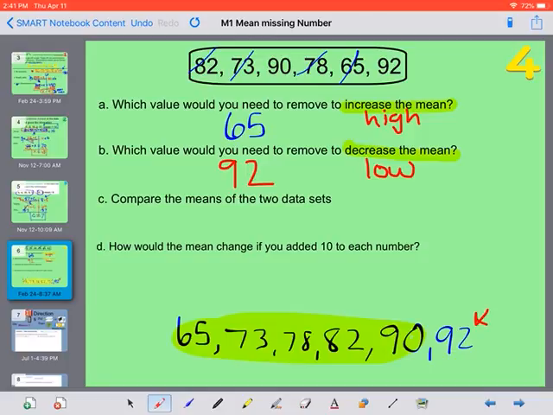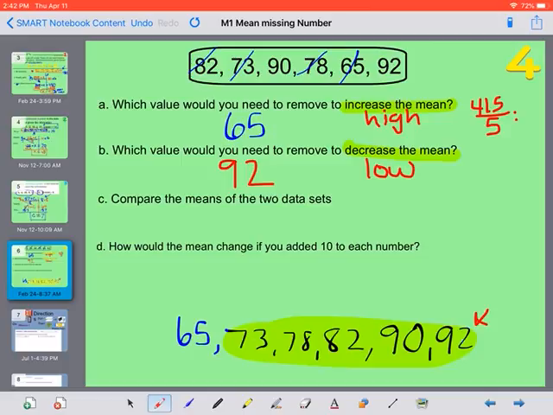So I'm going to find the mean of the first one that we were looking at, of all the high numbers. If we add them all up, 73 plus 78 plus 82 plus 90 plus 92, we get 415 divided by 1, 2, 3, 4, 5 numbers.